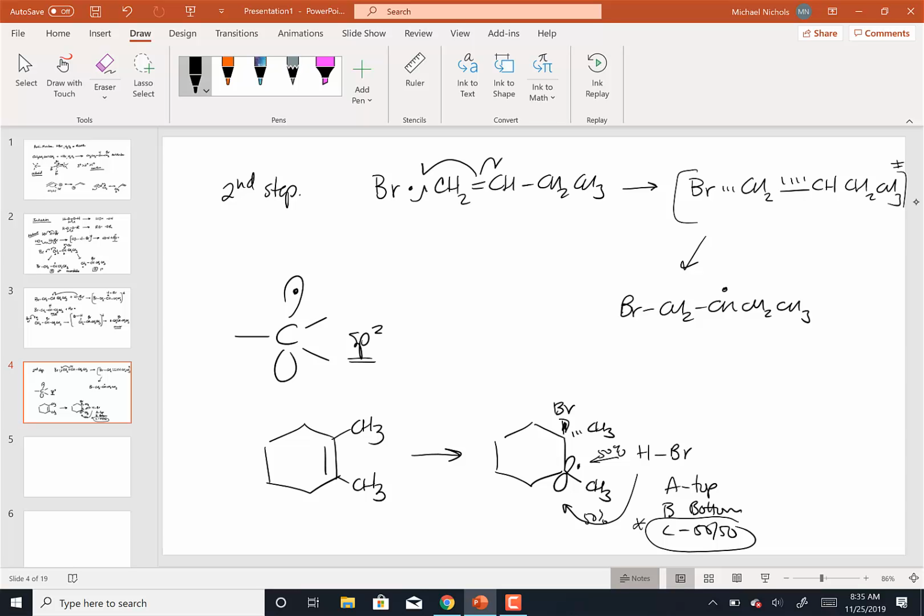So those are our basic sort of fundamentals that we need to know in order to be able to write the products of the reactions completely. We also need to know that because now we have to define these reactions as being stereo or regioselective. And there are some rules that we can use for that.